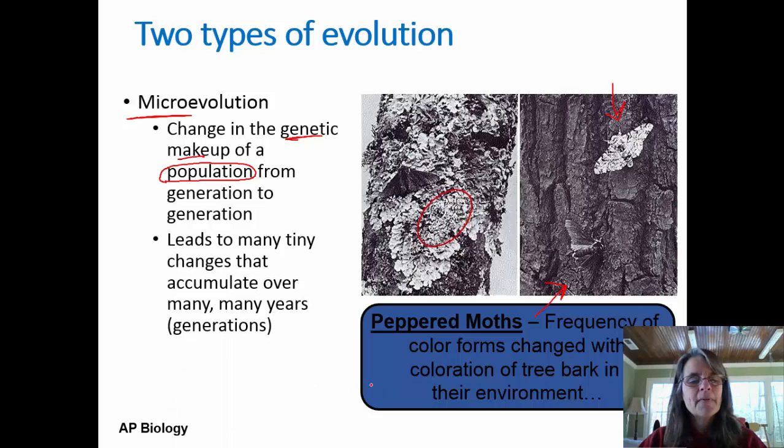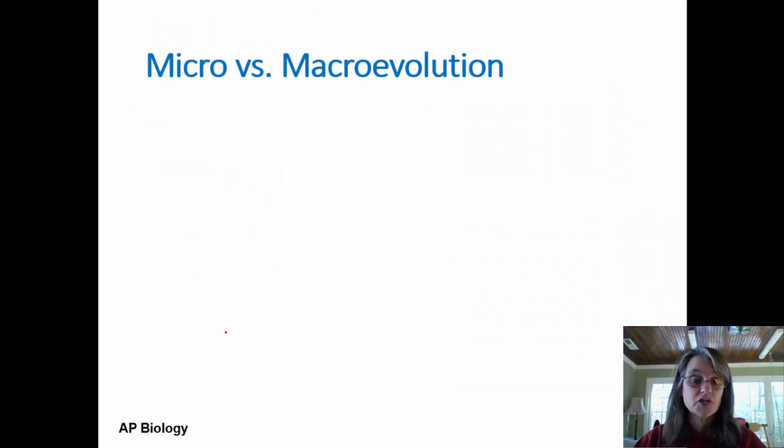So this kind of microevolution, this small scale change, really leads to many changes that may accumulate over many, many years and thus lead to macroevolution. But these small changes as they're occurring seem very tiny and maybe not terribly important until we combine them together into large scale change over many, many years.